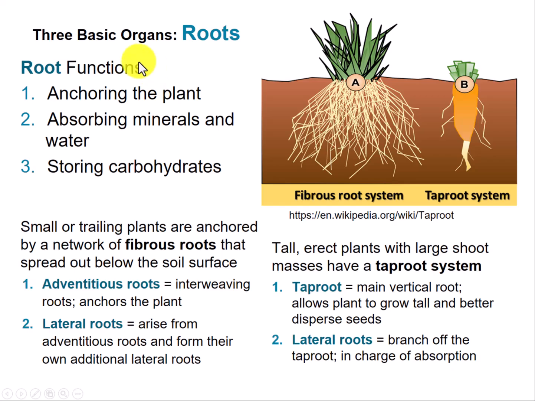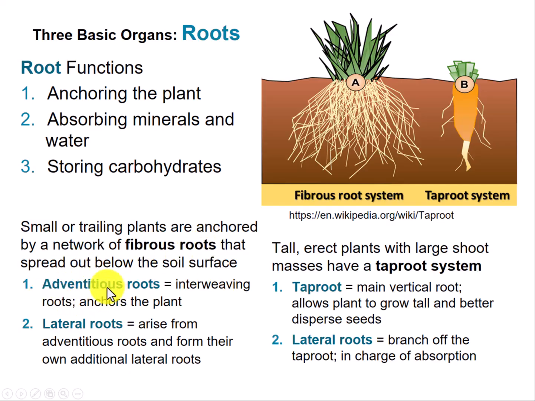And so here is a little bit better illustration of the fibrous root system versus our taproot system. The root functions in anchoring the plant, absorbing minerals and water, and storing carbohydrates, as we see with this taproot that looks similar to a carrot. We have small or trailing plants that are anchored by the fibrous roots.